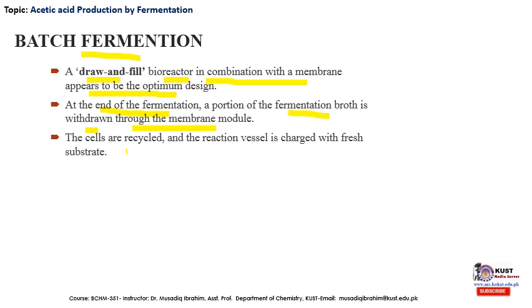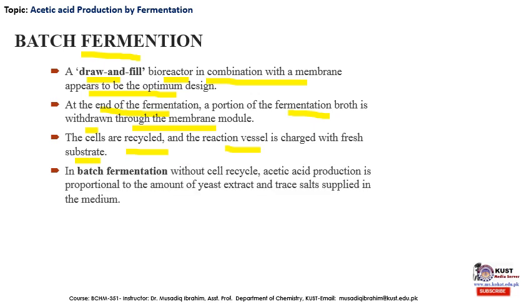The cells are recycled and the reaction vessel is charged with fresh substrates. In batch fermentation, without self-recycle, acetic acid production is proportional to the amount of yeast extract and trace salts supplied in the medium.